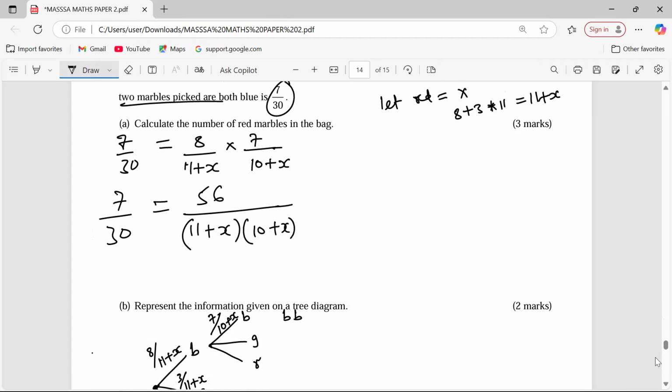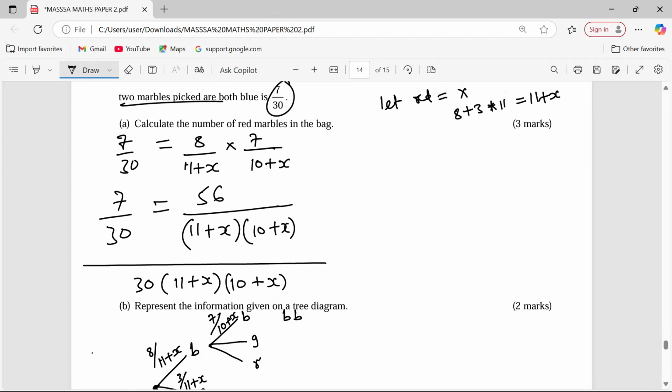The work will become simpler actually. So now, let me put them under the LCM: 30, 11 plus X, 10 plus X, that way.